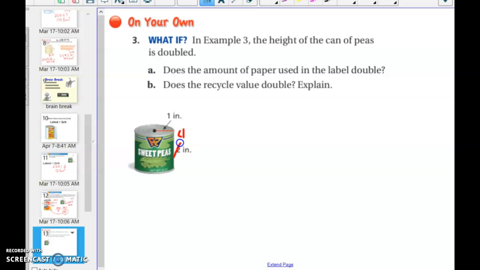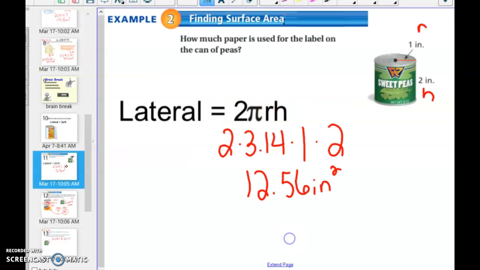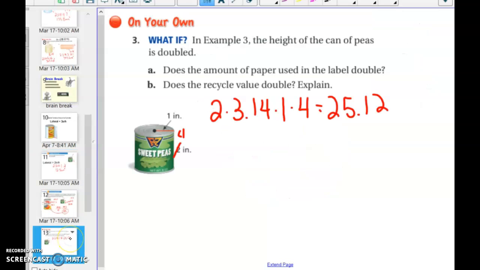So now to find the lateral, I'm going to do 2 times 3.14 times 1 times 4, which gives me 25.12. Well, if I go back, I originally had 12.56, and when I times that by 2, I get 25.12. So the answer to the first part would be yes. The amount of paper doubles if you double the height of the can.